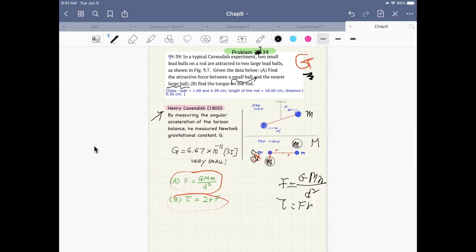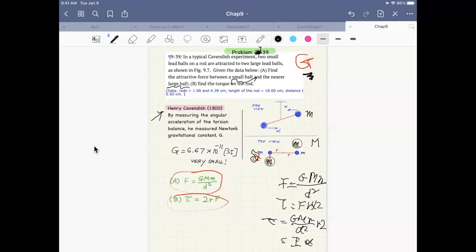It's a little filament by which the torsion balance is suspended. So that's r, times 2, because there are two contributions to the torque, one at both ends. So the torque will be GMm over distance squared times r times 2. And that will be the moment of inertia times alpha.